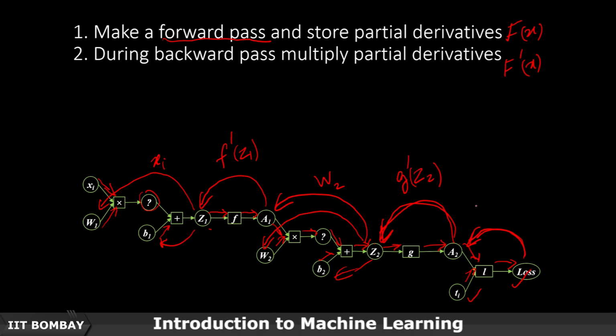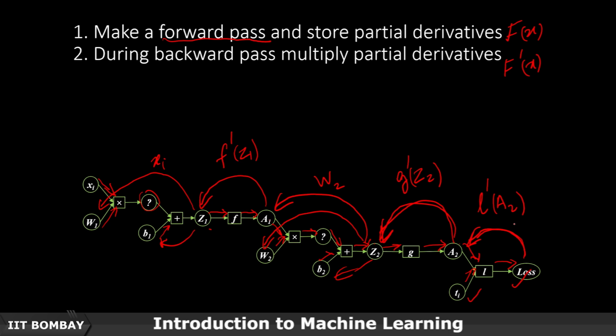That is going to be whatever is L dash, okay, at the value a2. Okay, so now we can multiply these coming back, but during the forward pass we can store these partial derivatives locally at each node, so that we can use it while coming back.